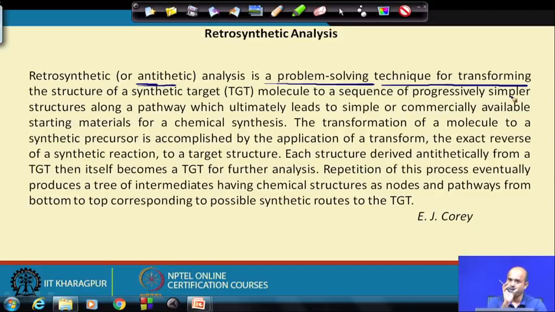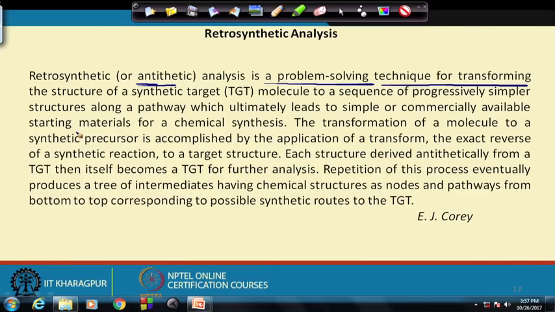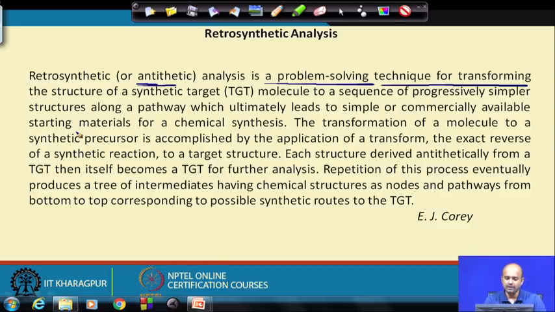So, a complex structure is fragmented into simplified structures, and then it leads to commercially available starting materials, because you have to start from building block starting materials. So, a complex molecule can be simplified to commercially available starting materials, so that you can start using those starting materials for a given pathway.